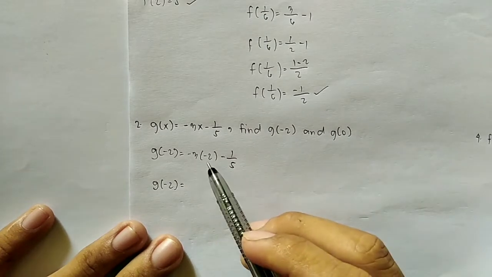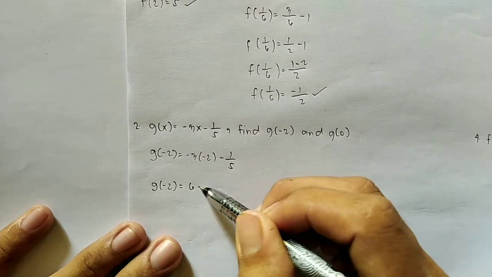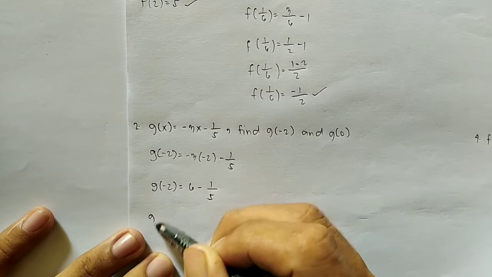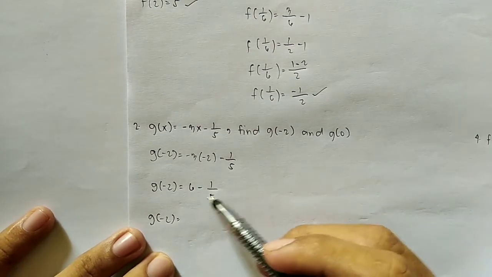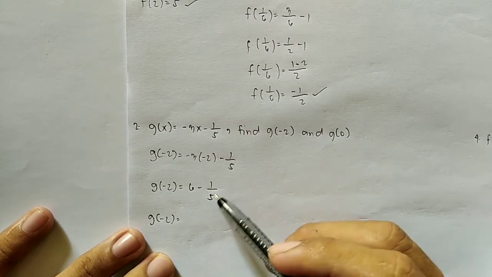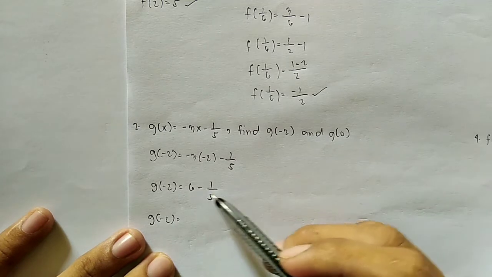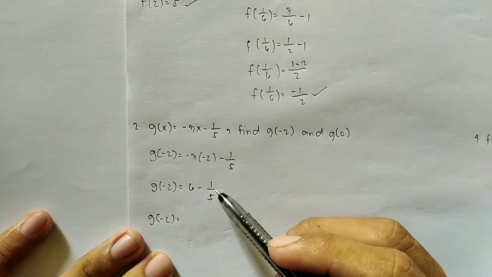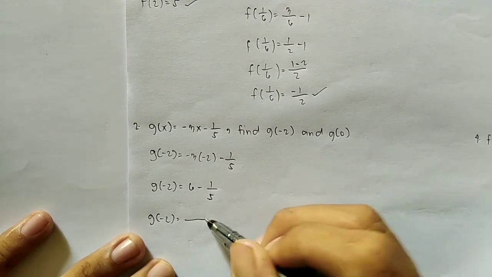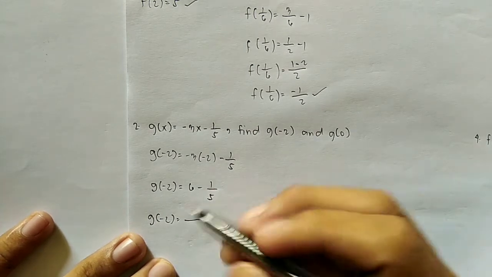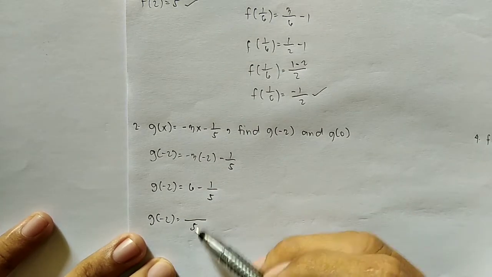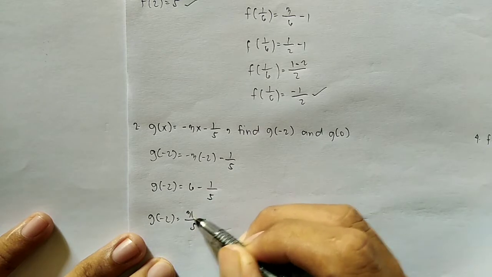So g of negative 2 is negative 3 times negative 2, that is positive 6, minus 1/5. Simplifying further, that is 6 minus 1/5. Since they don't have the same denominator, we have the whole number 6 and the fraction 1/5. The least common denominator is 5. So 5 times 6 is 30.